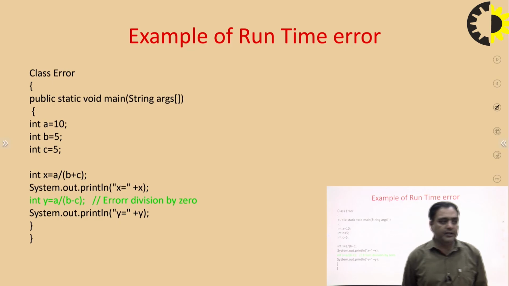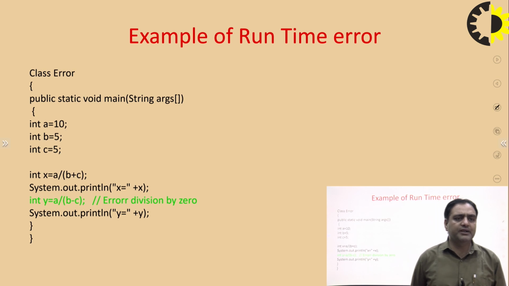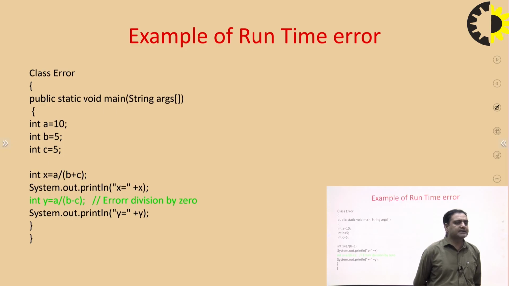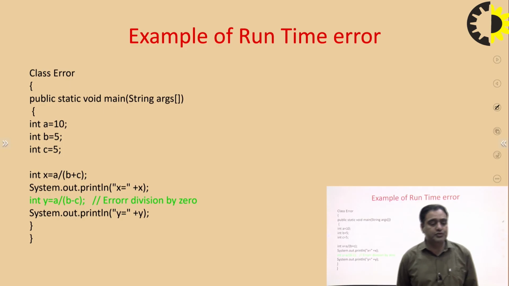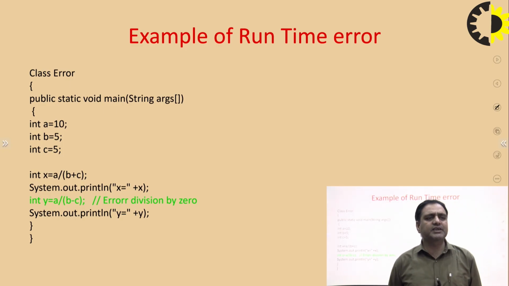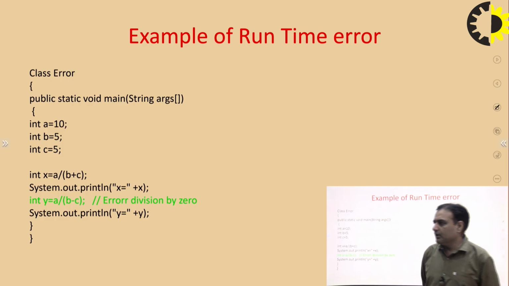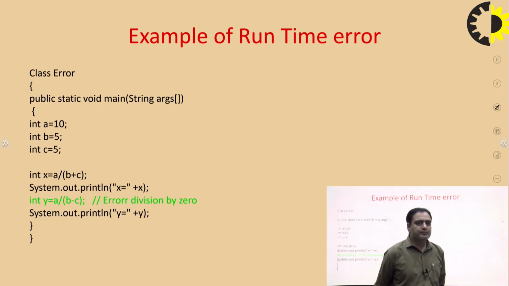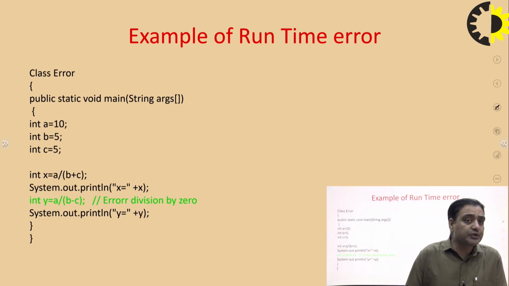But if you want to subtract the value of c from b, b minus c is equal to 0 here, and the value of a is 10. So 10 divided by 0. In mathematics, if you divide any number by 0, you get infinity.